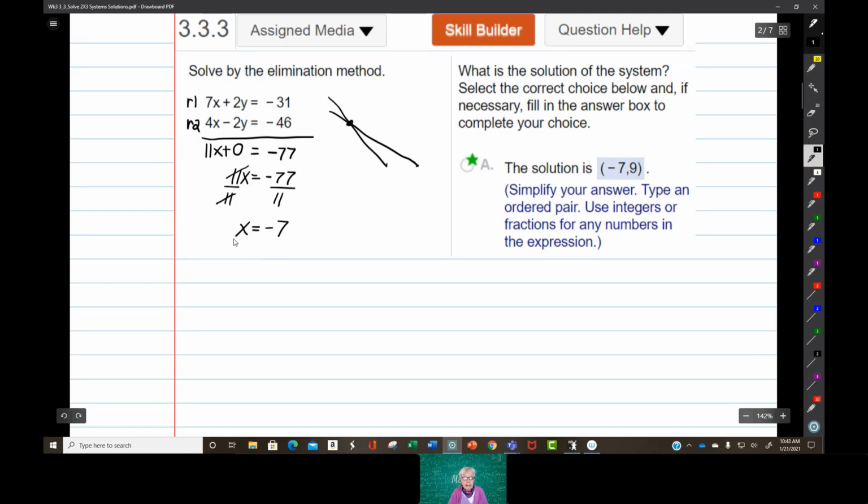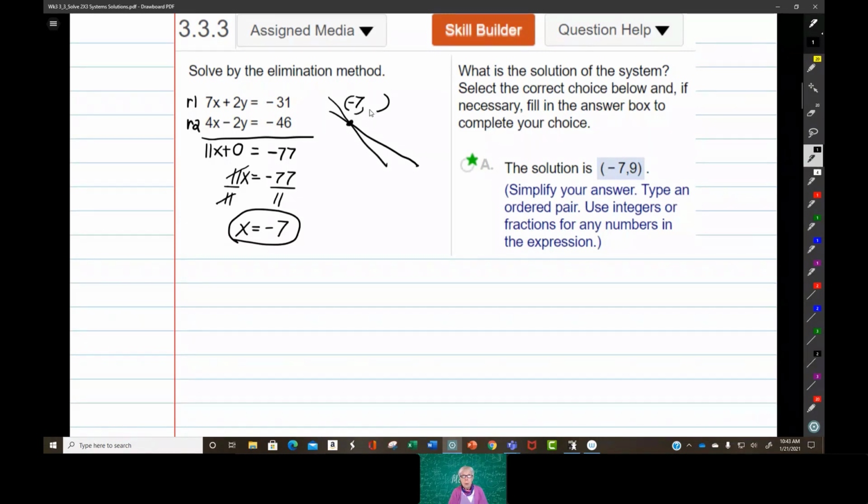So x is negative 7, and that agrees with this. Thank goodness. So I know that my x coordinate is going to be negative 7.